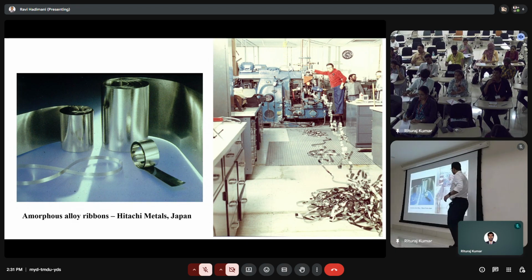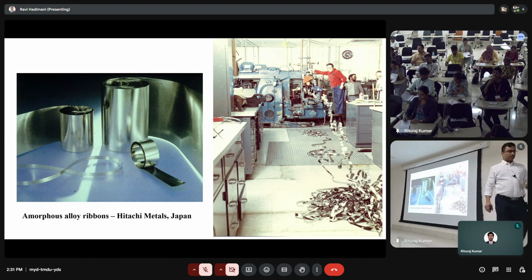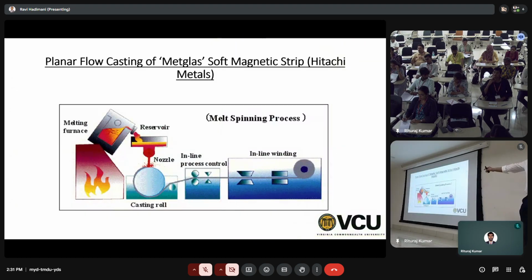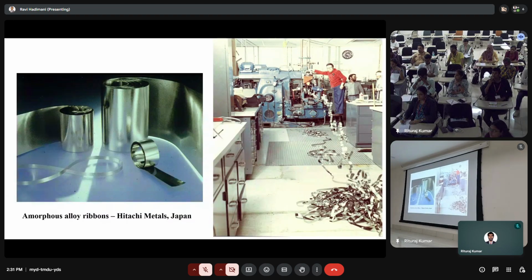This is quite an energy intensive process, right? Because you have to heat the material to a very high temperature and then rapidly cool it on the spinning wheel to get this amorphous material. These are not just for magnetic materials. There are other types of Metglas as well, so they are used for many niche applications, anywhere you need amorphous metallic material.